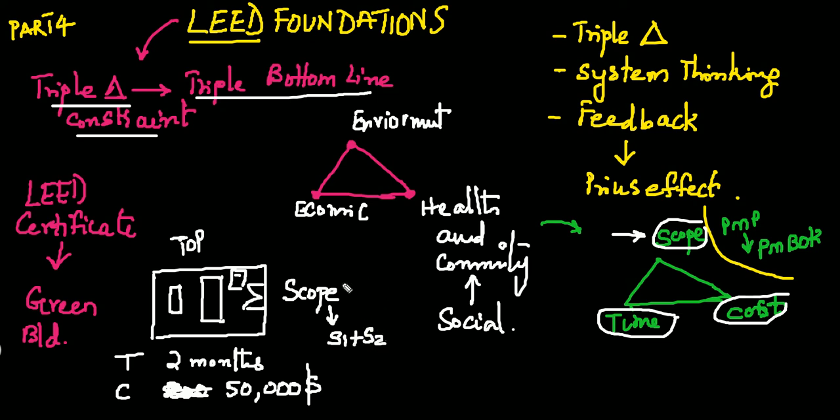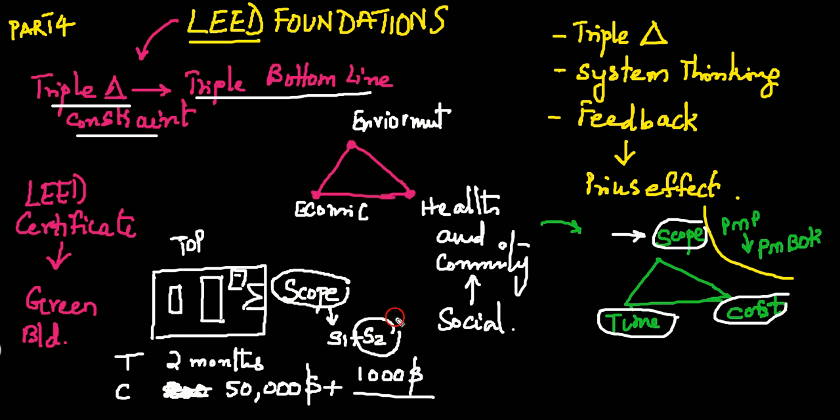If something changes, that's what I'm trying to tell you in this triple constraint video, the triple triangle video, if scope changes, for this additional scope, the basketball court, I'm sure it's going to add cost. So you will add, let's say, $1,000 for that.